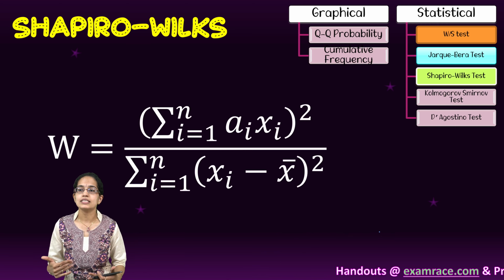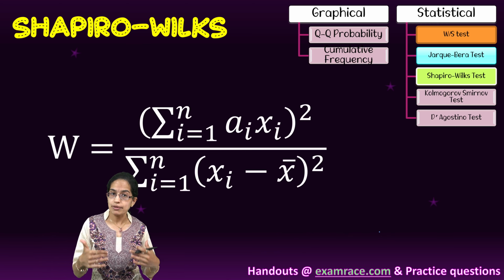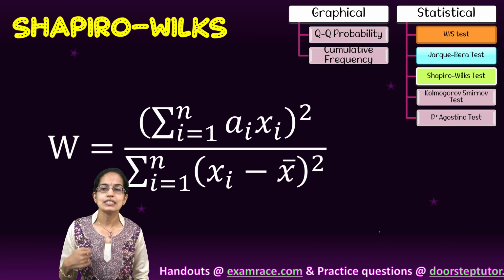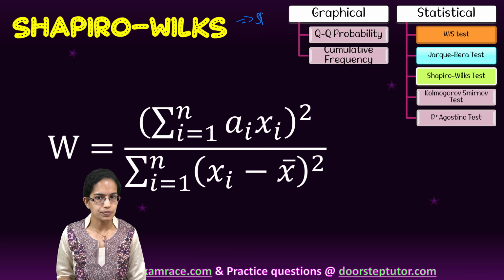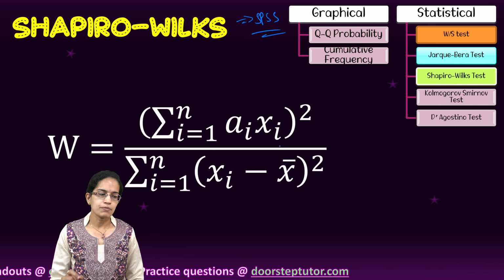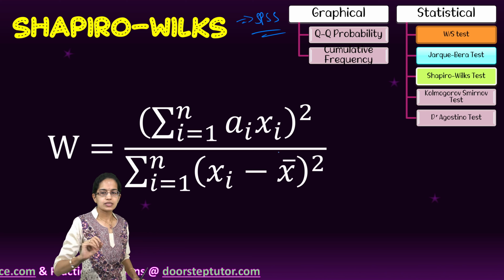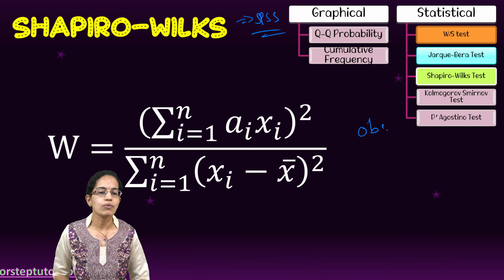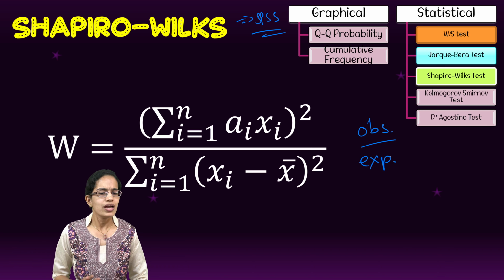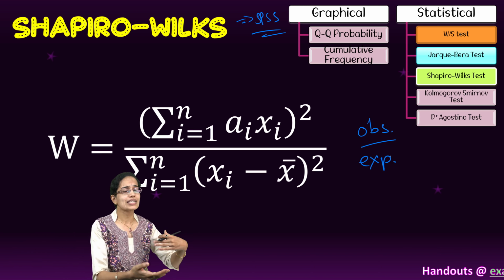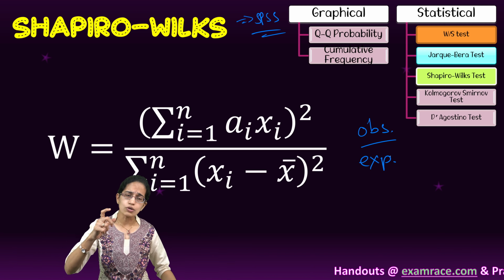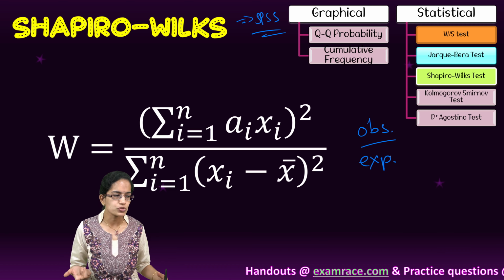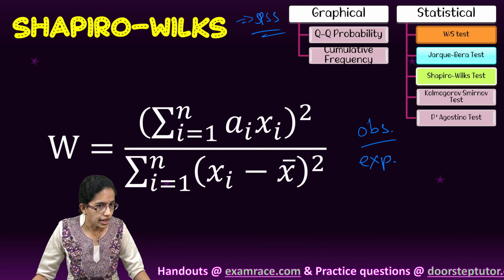The next is the Shapiro-Wilks test. Shapiro-Wilks, as we said, is a test which is used through the SPSS software. Here, the ratio of the numerator to denominator is the observed by the expected. In all of these methods, the logic remains the same: the observed to the expected values is what we are trying to understand.